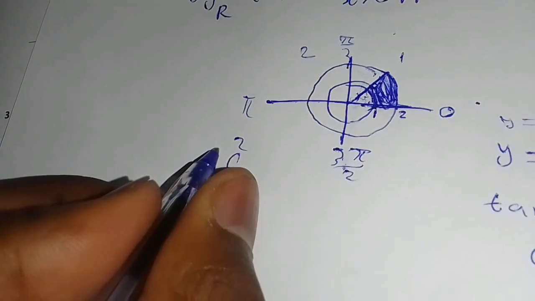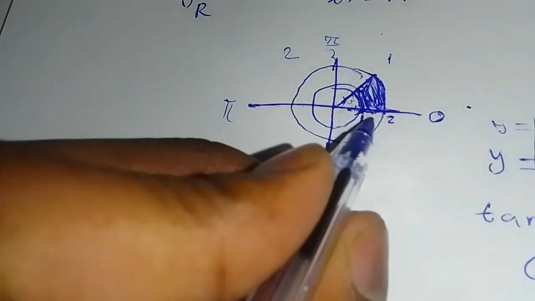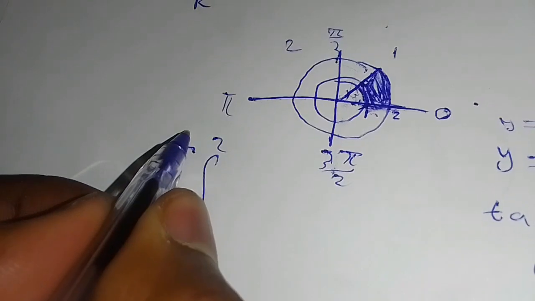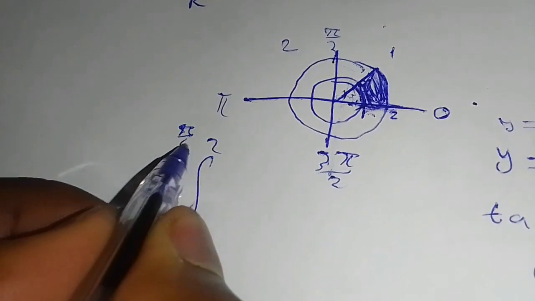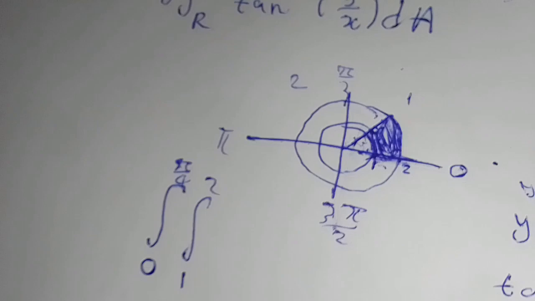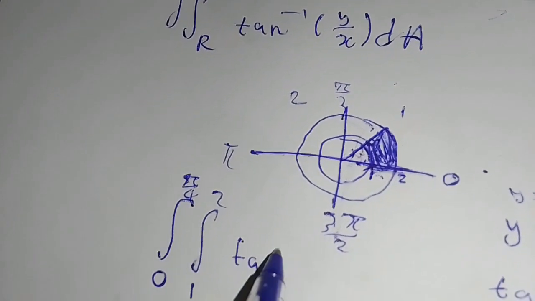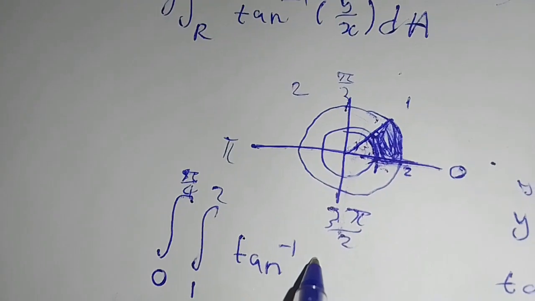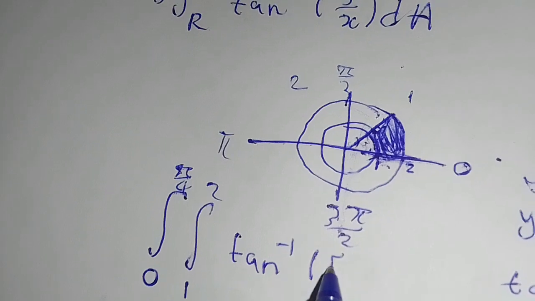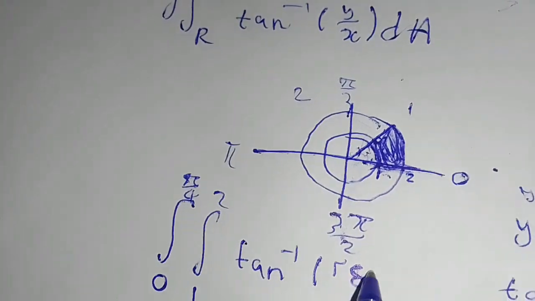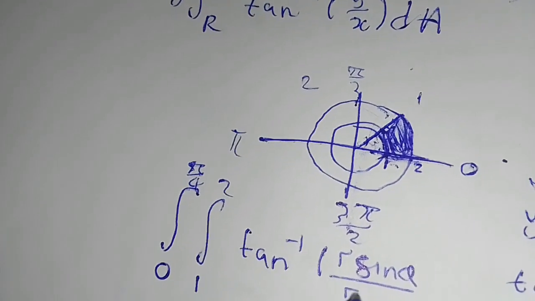So now our angle theta goes from 0, because we basically start there, to pi over 4. Okay, then you replace y with r sine theta, and x with r cos theta.